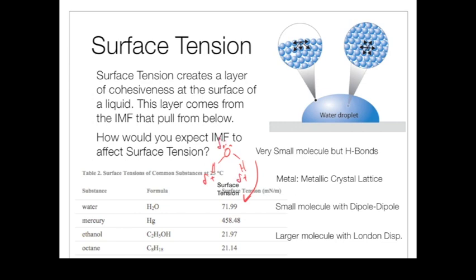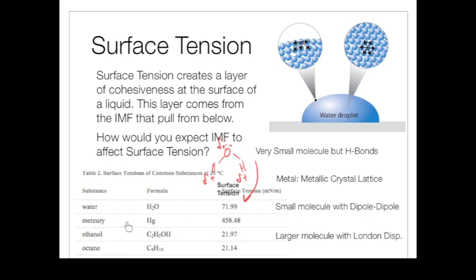So each hydrogen can be a spot for a hydrogen bond with another water molecule. So it can hydrogen bond twice. Because of that, and its very small nature, it forms a very strong attraction to other water molecules, and that is the surface tension resulting in 72 up here.